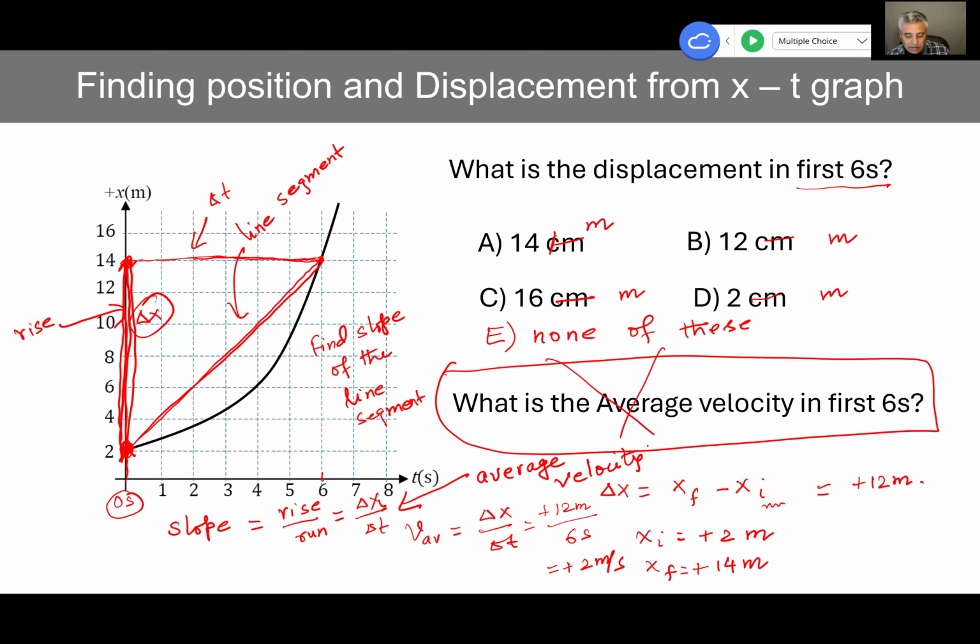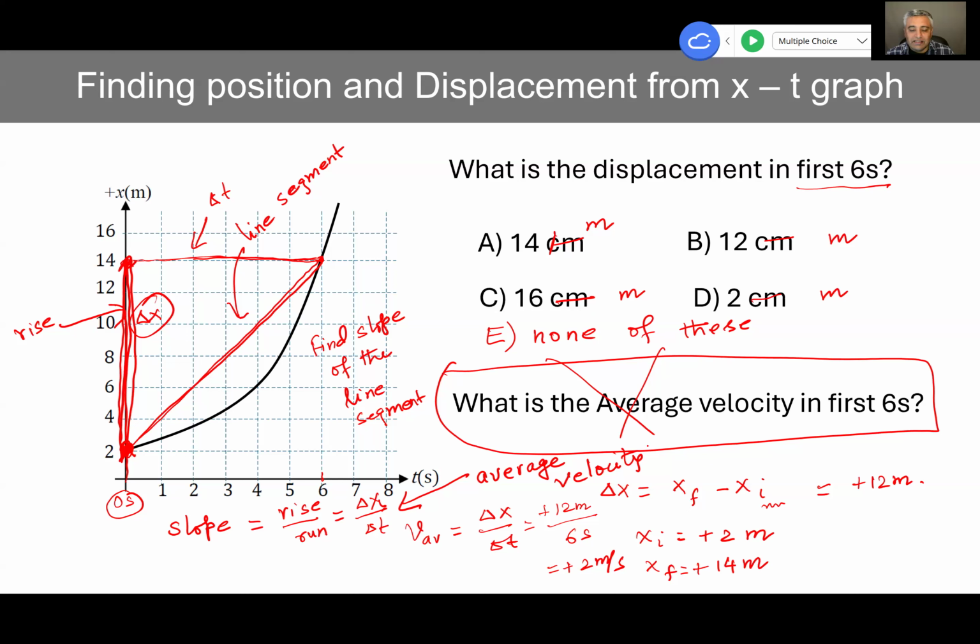So you can draw a line segment connecting 2 points of interest and find the slope of that line. That's going to give you average velocity. So that's how you can find average velocity from graph.